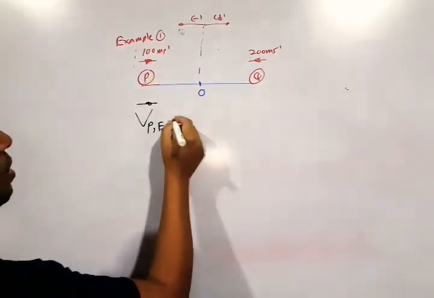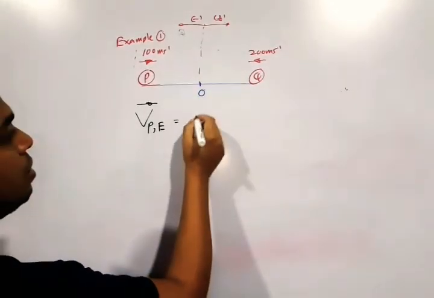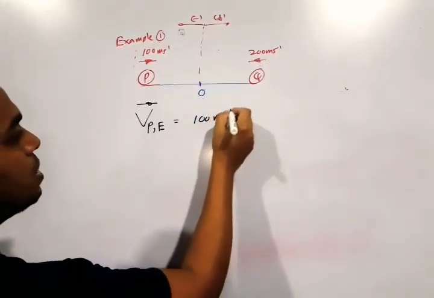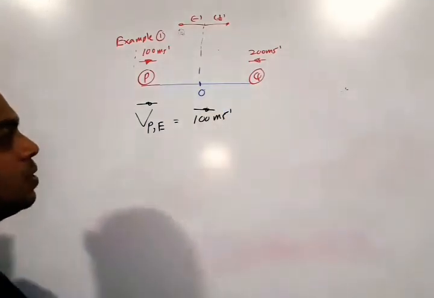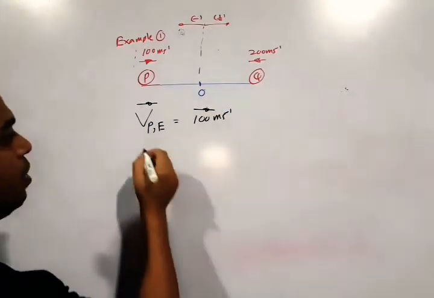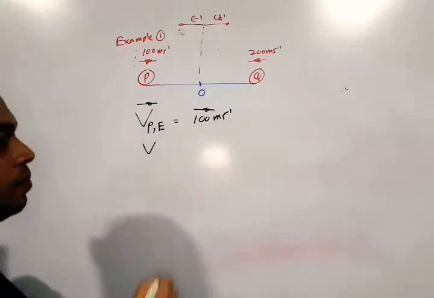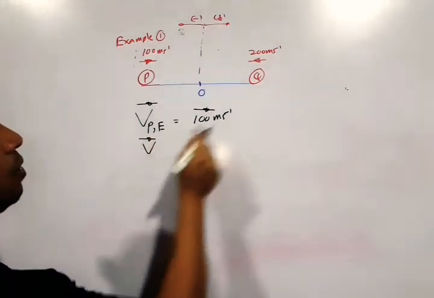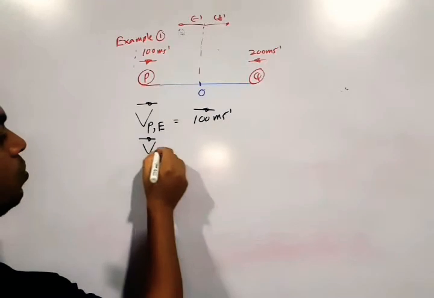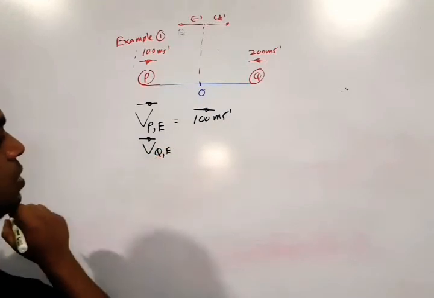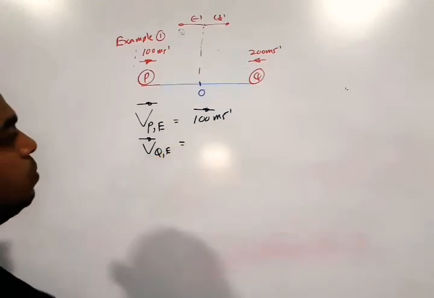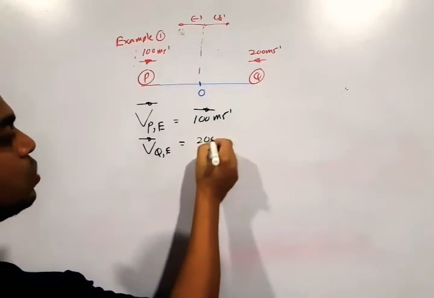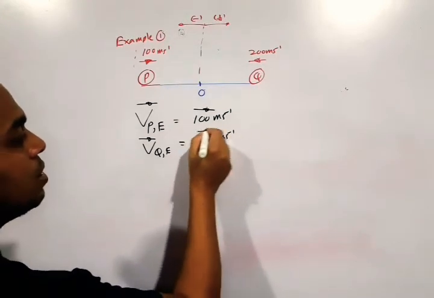So it is in this direction, 100 meters per second. And velocity of Q with respect to Earth is given as 200 meters per second in this direction.